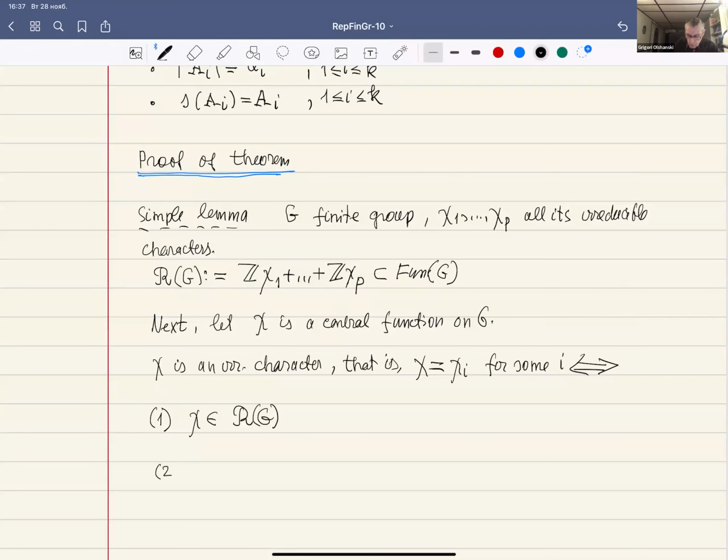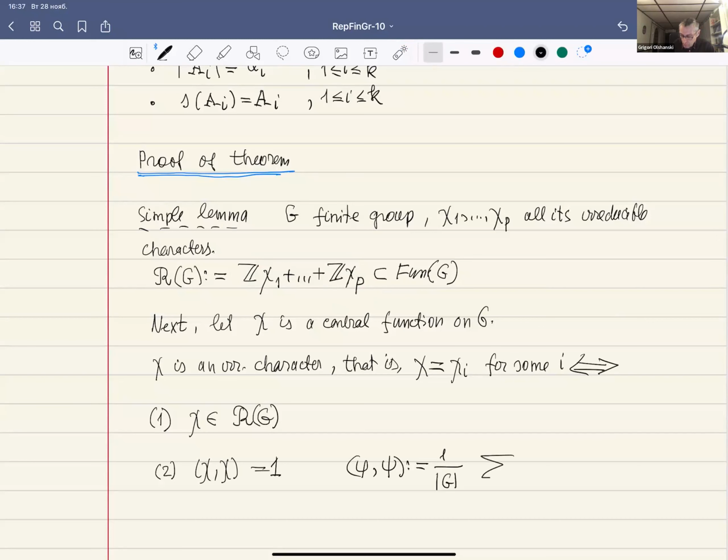Condition 2 says that the scalar product is equal to 1. So let me recall that the scalar product for two functions on a finite group, we define it as follows.